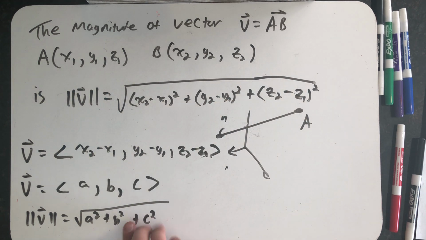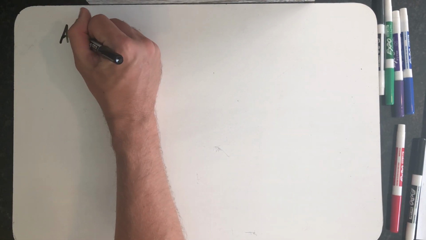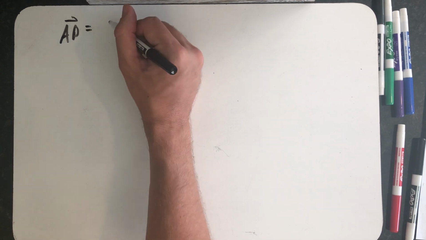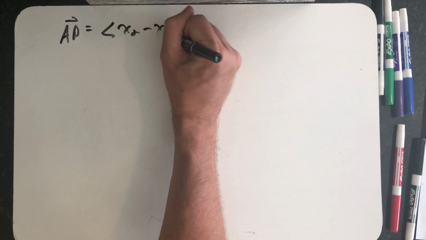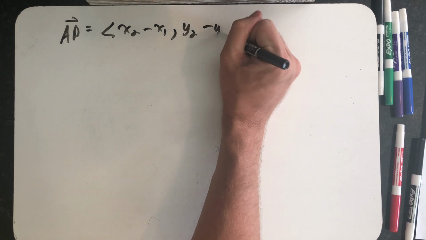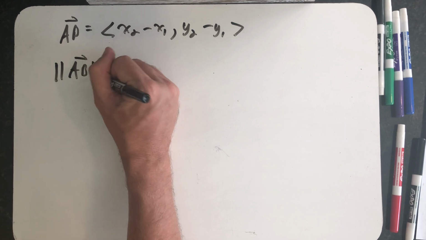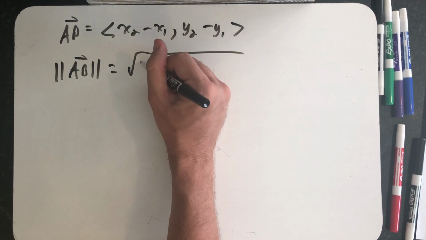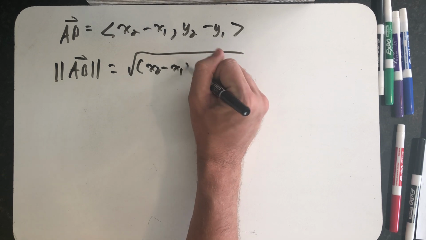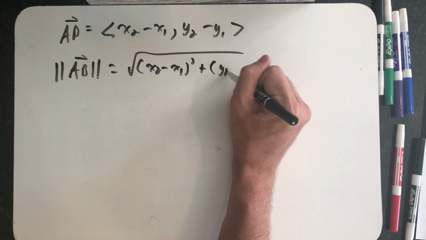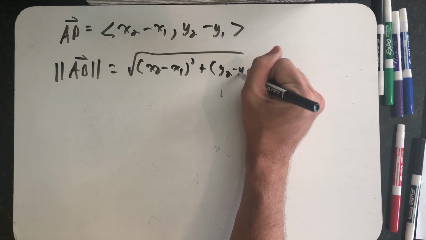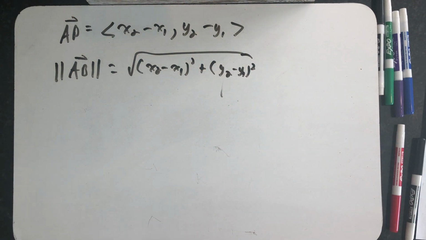And so if I have a plane vector AB, and maybe that plane vector looked like this, I just use the distance formula in the plane to find the length of that vector. And so that's how we can calculate the magnitude of a vector.